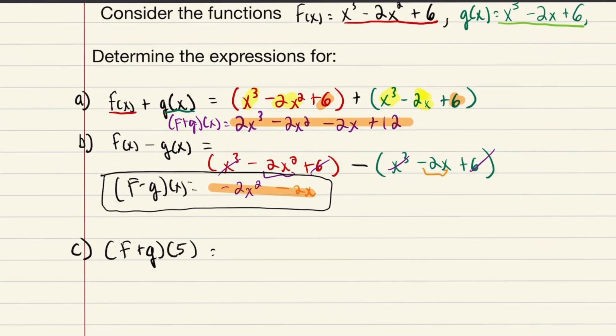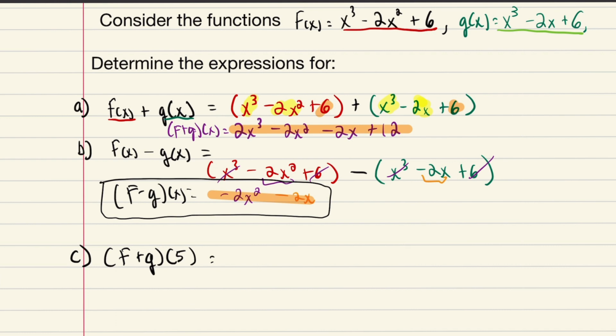Now let's say as a follow-up question, we're asked to find f at x plus g at x at 5. So that's when the x value equals 5. How would we do this? Well, we could skip right to the equation that we know for f at x plus g at x, and we can simply substitute the 5 in for all the x values. So that would look like this.